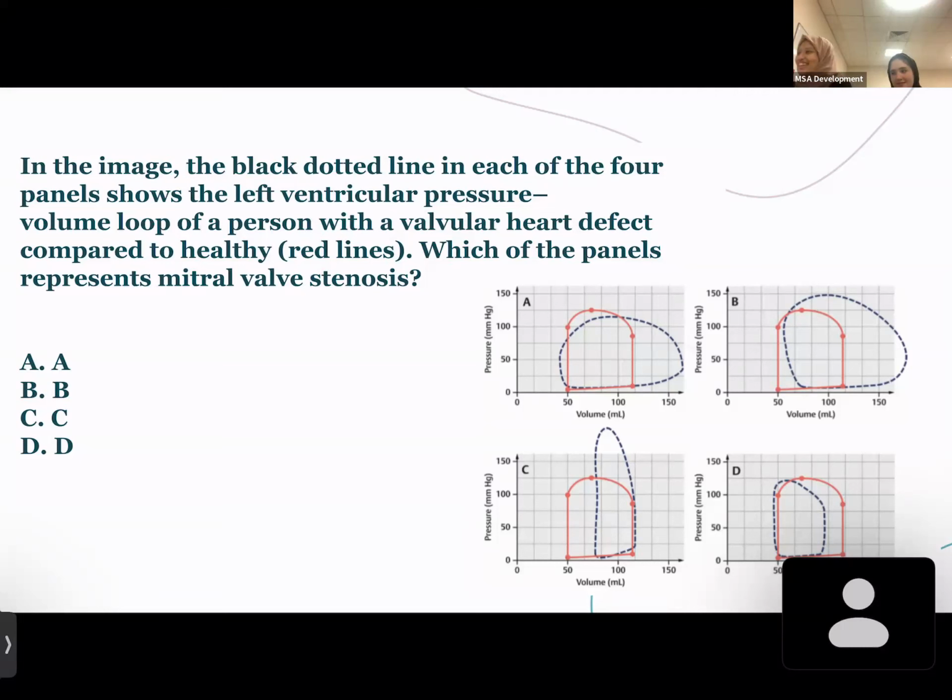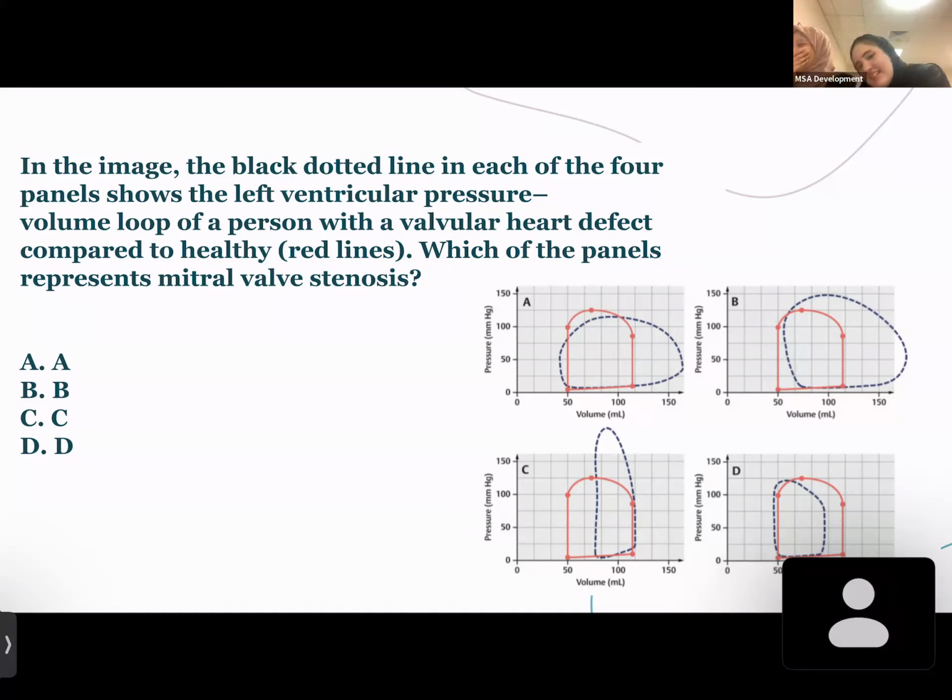Yeah, I saw. D. So this is basically D, someone said B, but for the PV loops, just know which valve pathology correlates to which graph. Okay, D for bad.